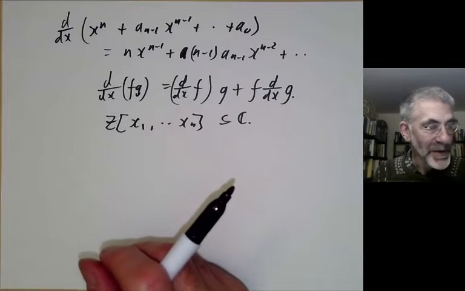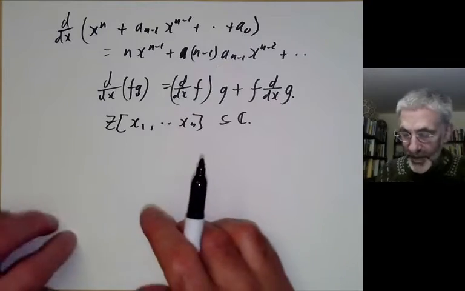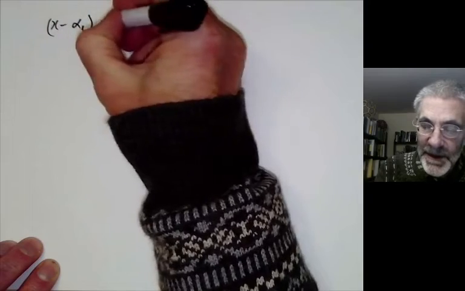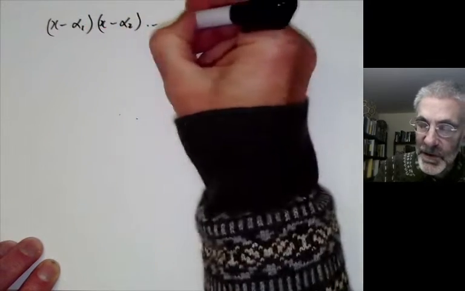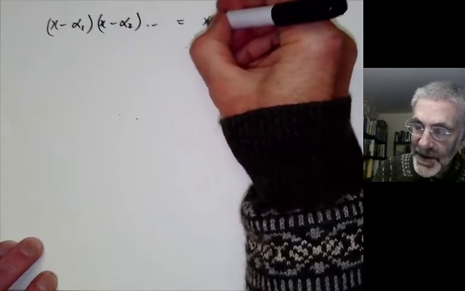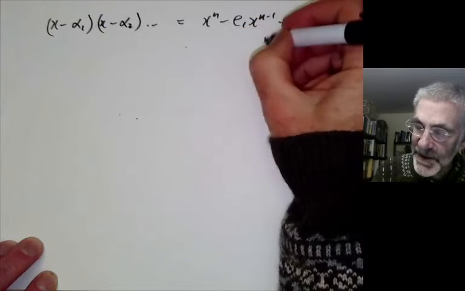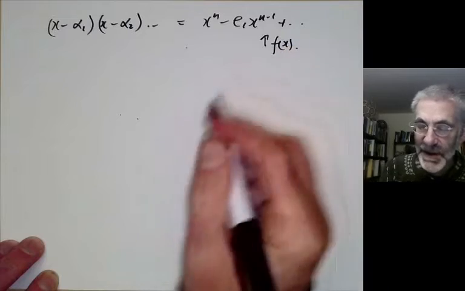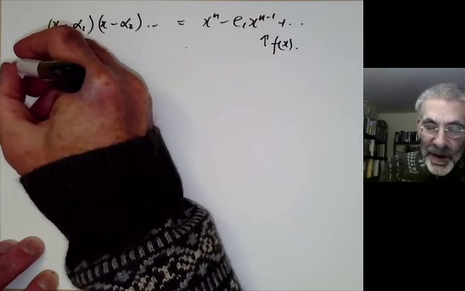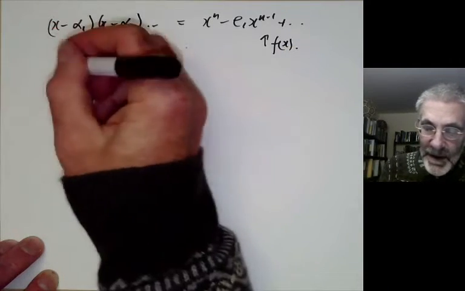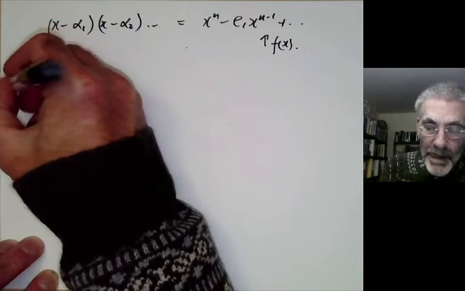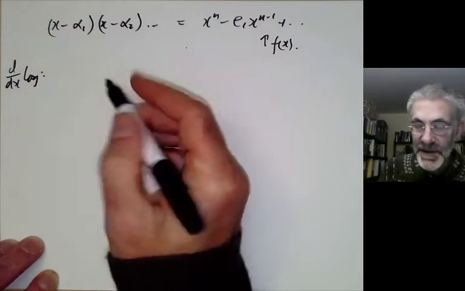So what we're going to do is to take this identity, (x minus alpha 1)(x minus alpha 2) and so on, equals x to the n minus e1 x to the n minus 1, and so on. And let's call this thing f of x, so I don't have to keep writing it out. And we're going to apply the logarithmic derivative to both sides.